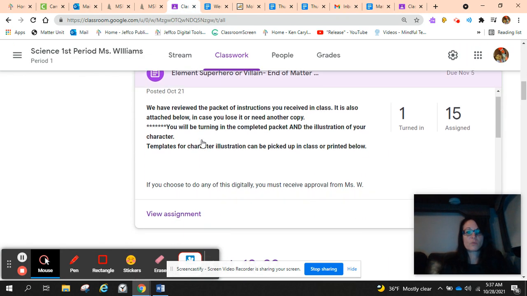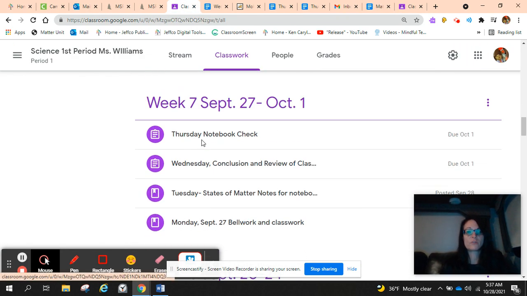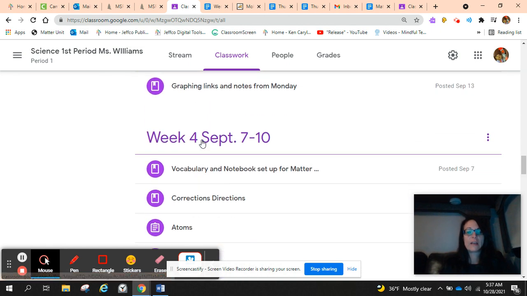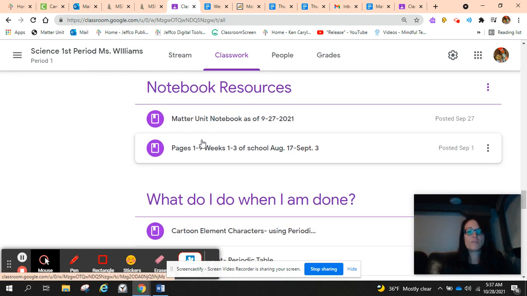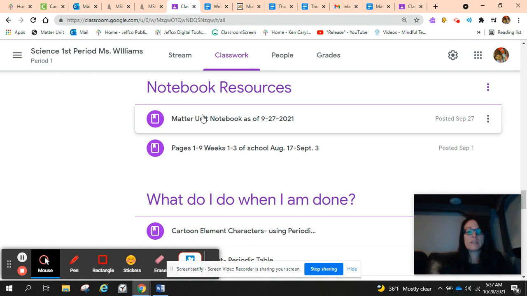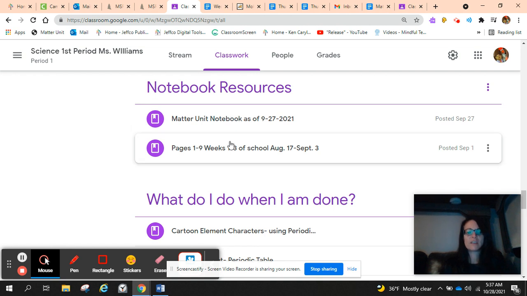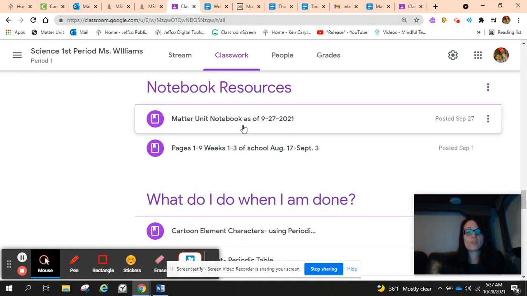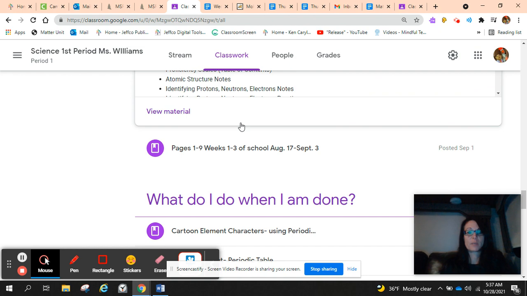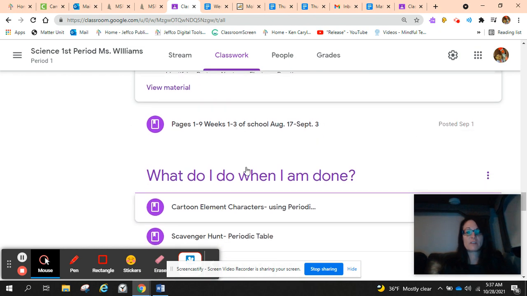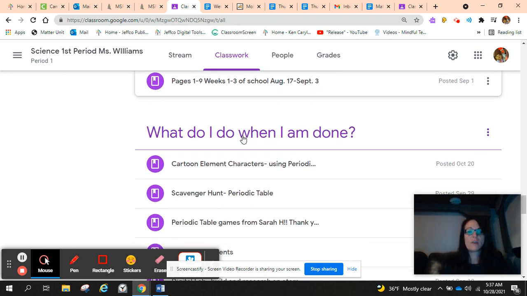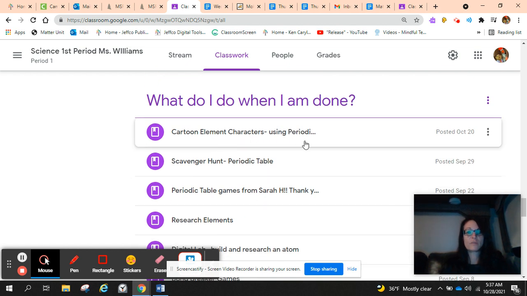Also, just as a reminder, in your Google Classroom, if you scroll pretty far down, you have notebook resources. These are the main pages from the beginning up to our last notebook check. If you're looking for some of those earlier things that you may have missed, they're in here with pictures and a list and everything. And then you also have the what do I do when I'm done. There's a new one in here if you haven't looked before.